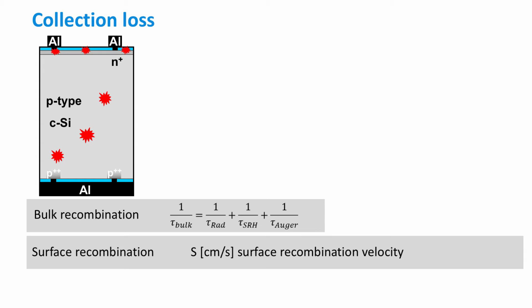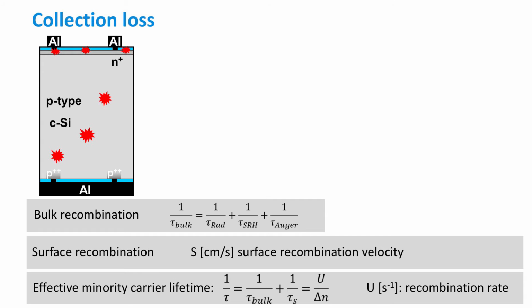We also need to take into account surface recombination. The lifetime of minority carriers related to the surface recombination is denoted as tau s and depends on the surface recombination velocity. We can sum up contributions of all recombination processes in a solar cell and obtain an effective minority carrier lifetime, tau.